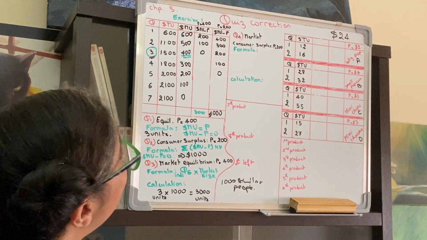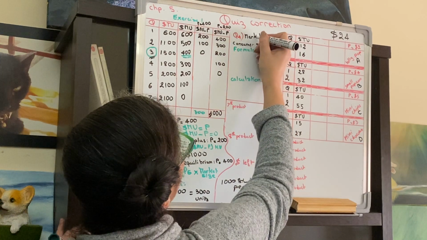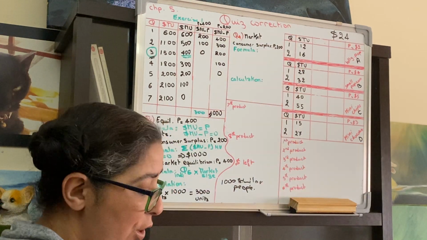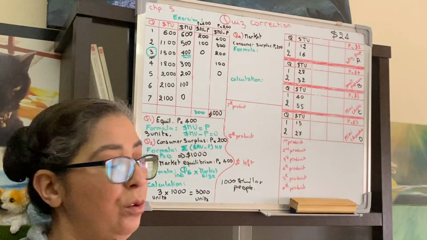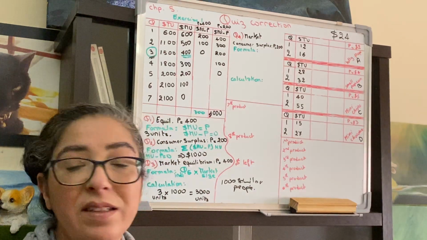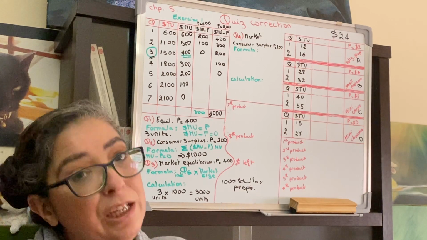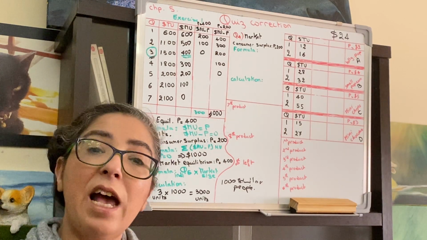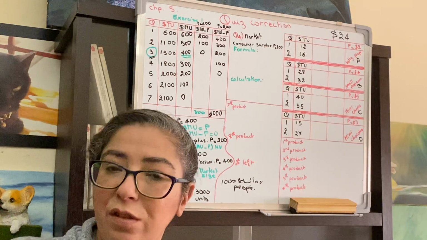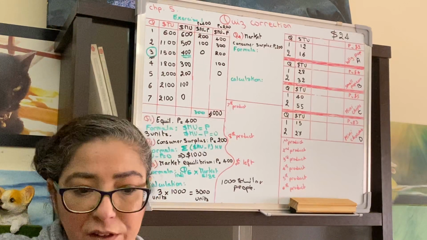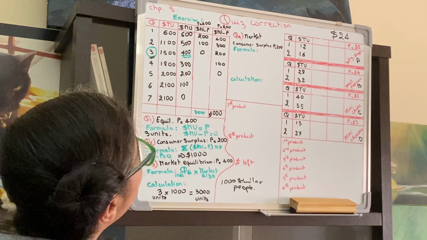Okay, moving on. Here is the market surplus. So the market surplus is similar to the market equilibrium in the sense that you multiply by the market size. So you take the individual consumer surplus times the market size, which is 1,000 people, and you have the surplus for the whole market.